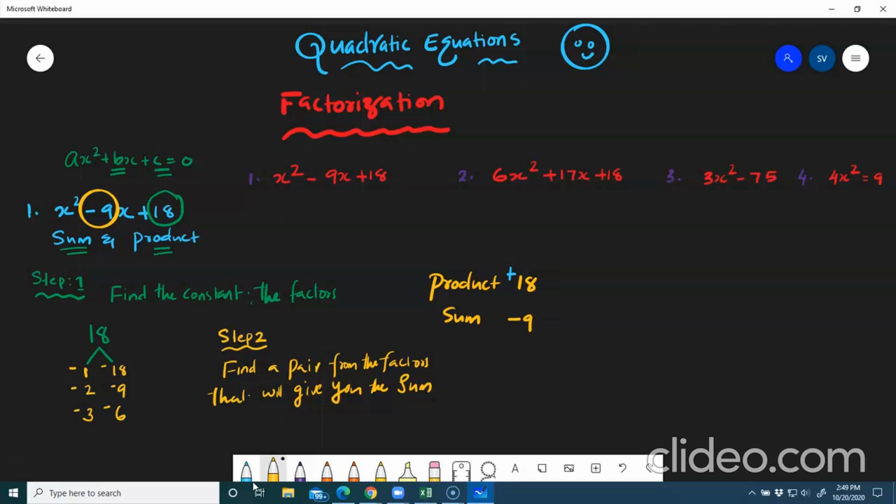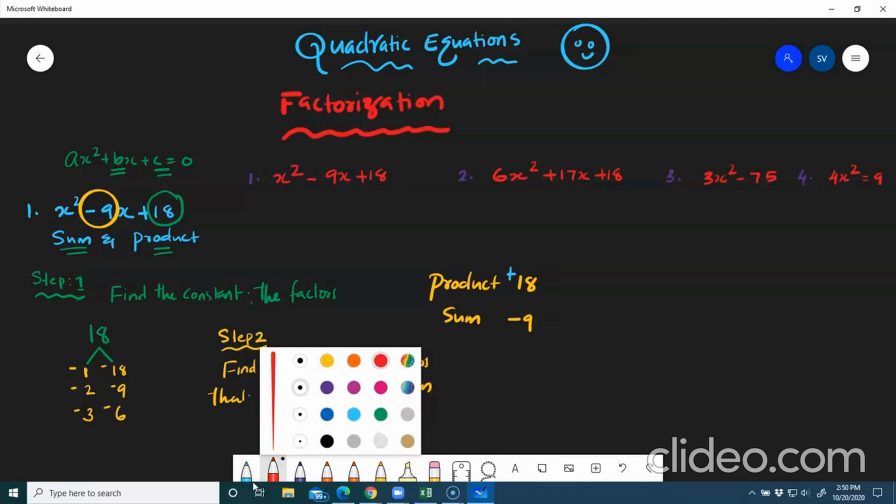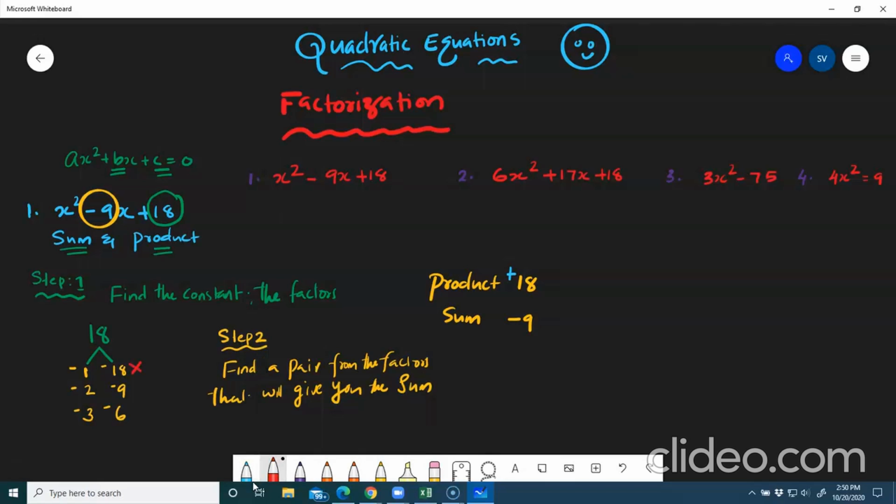Now check which numbers can produce the product 18 and sum negative 9. We can start from the top. Negative 1 times negative 18 is positive 18, agreed, but negative 1 plus negative 18 is not negative 9, so cross that out.